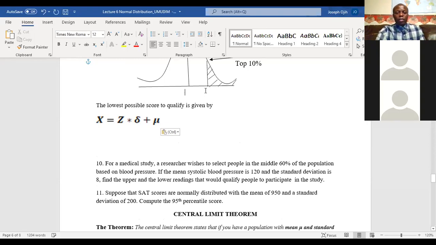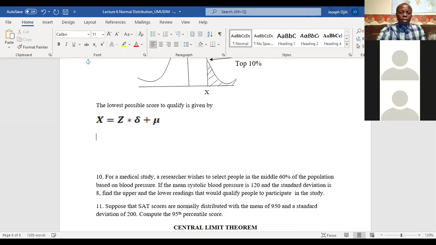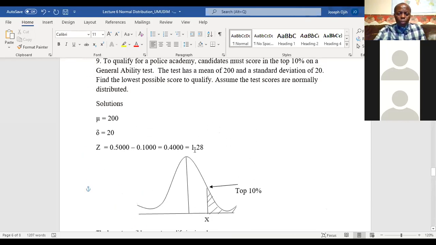This x right here is the lowest possible score to qualify. We got 1.28 for z.